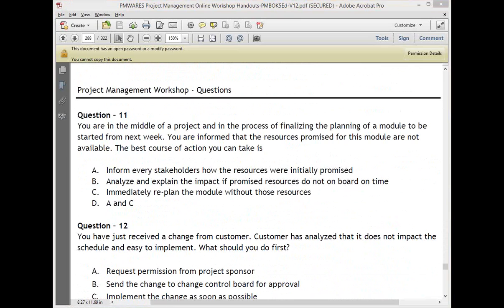Now A and C are actions and B is analysis. So I will do B first, then C and then A. This is the sequence I use. First I will analyze what will happen, then I will plan for it, and then I will inform the stakeholders.